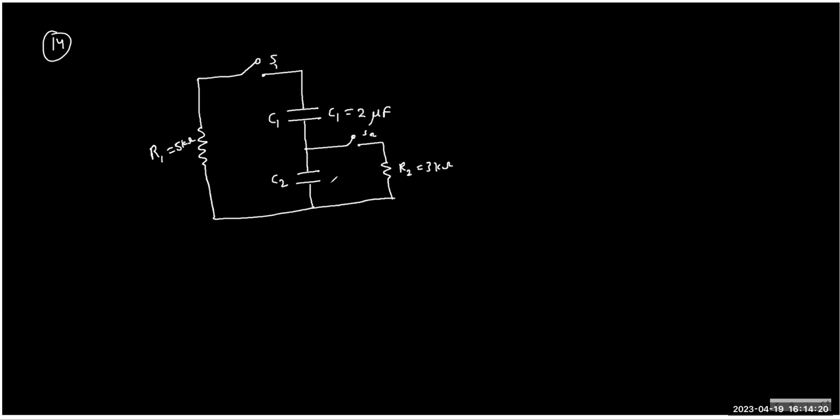All values are written. So in the circuit shown initially, the capacitor C1 is this. Potential is given for V1. How much? 4 volt. And for V2? 6 volt, which means now we have some charge here, and I think polarity is given.